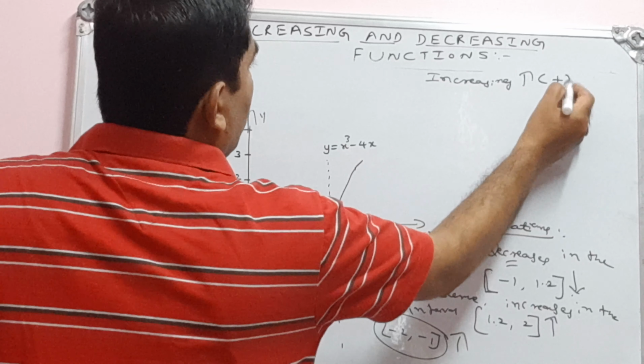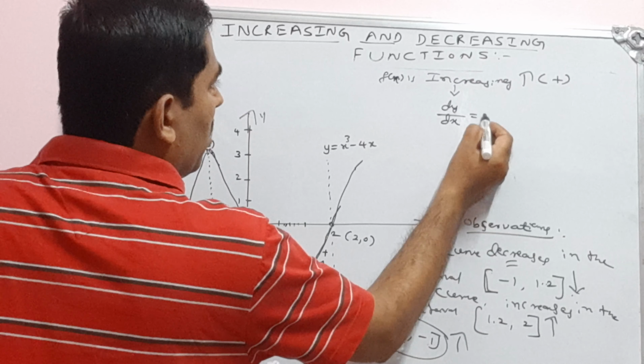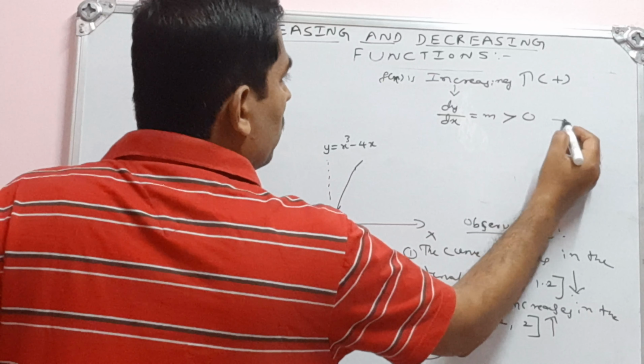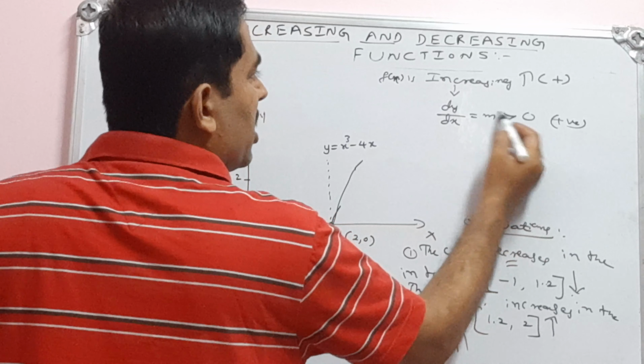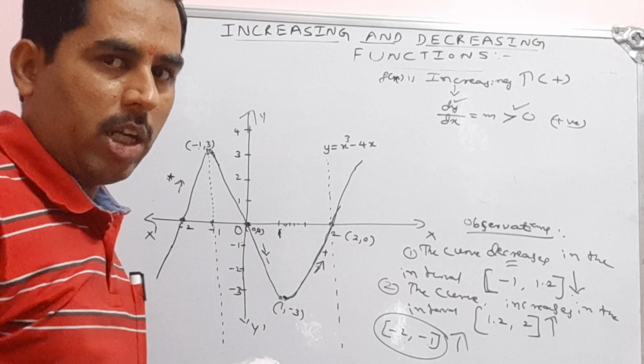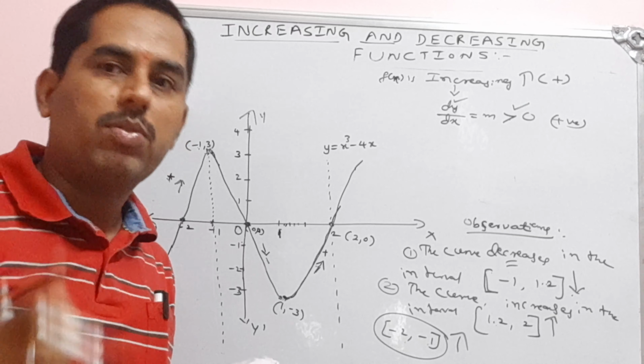See this sign. The function f of x is increasing means the derivative, which is nothing but slope, is positive, that is greater than 0. The derivative is nothing but the slope of the tangent to the curve.